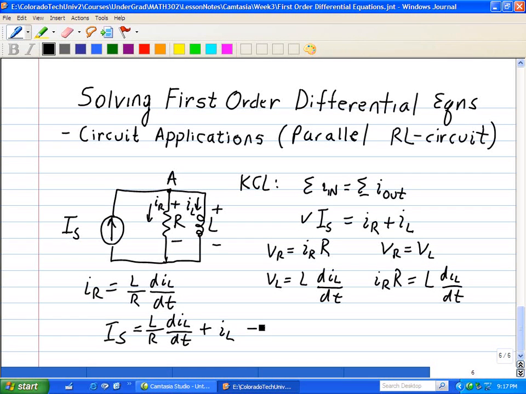Now we want to put it in standard form, so we'll solve for dI_L/dt plus R over L I_L equals R/L I_S.